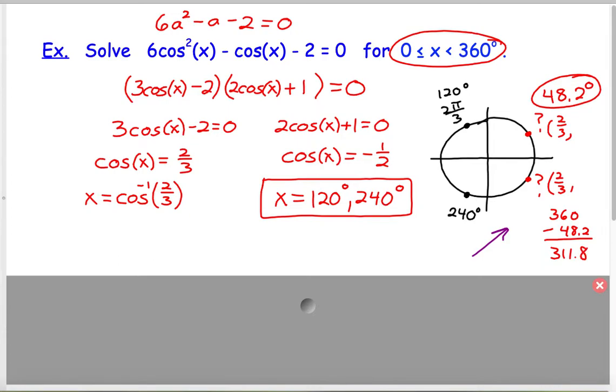I believe so. So 311.8 degrees. And so there I have my other two answers for x. Because this wasn't on the unit circle, I'll write these in here first. 311.8.